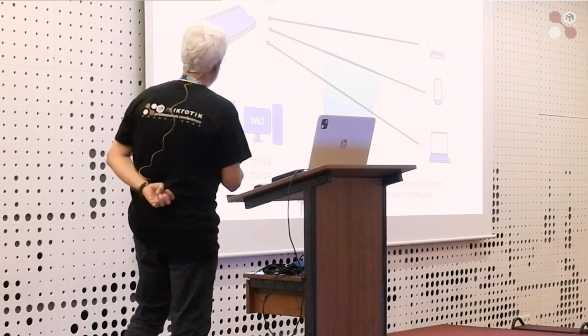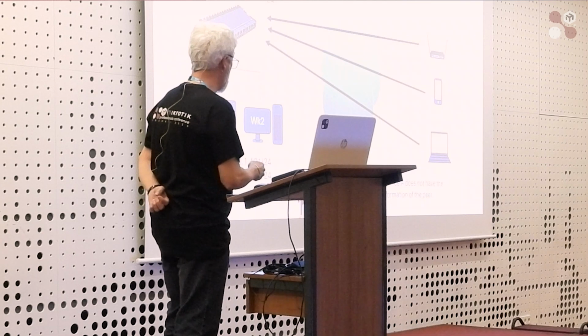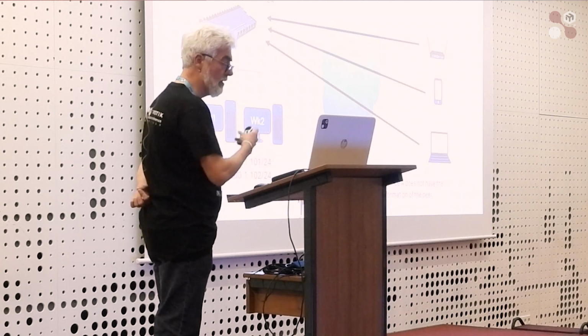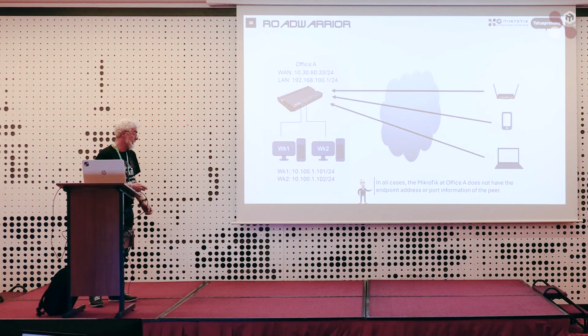Then the other configuration is a roadwarrior configuration. We can use a MikroTik or another router, or a mobile or a laptop, to connect to my Office A from everywhere. We don't need to be in a static place. In this case, Office A doesn't have the endpoint information of the roadwarrior.